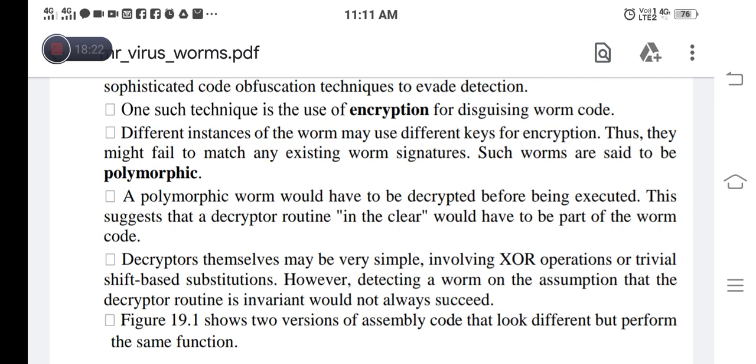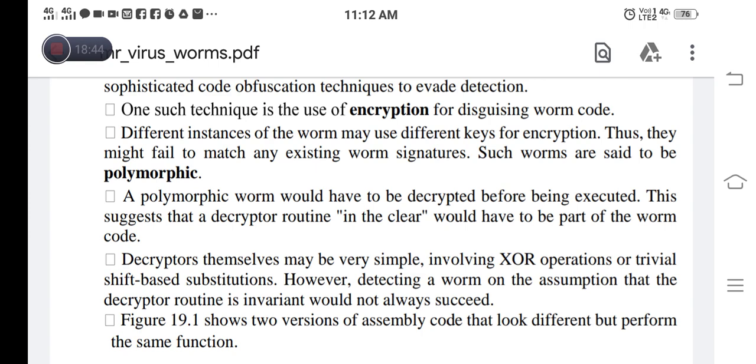However, detecting a worm on the assumption that the decryptor routine is invariant would not always succeed. In polymorphic worms, different instances of the worm make use of different keys for the encryption.